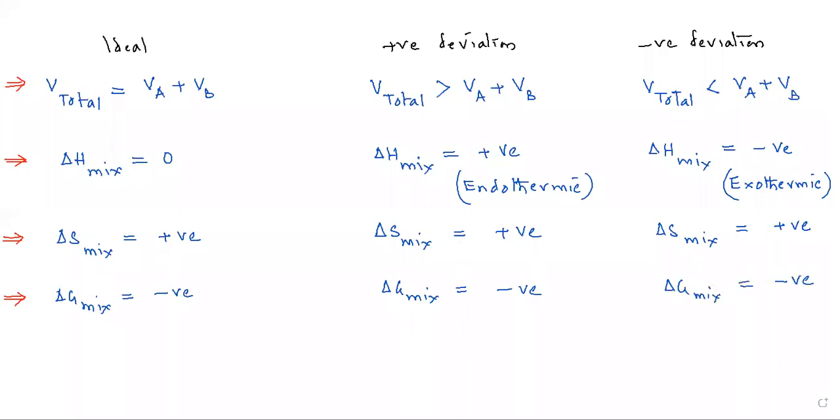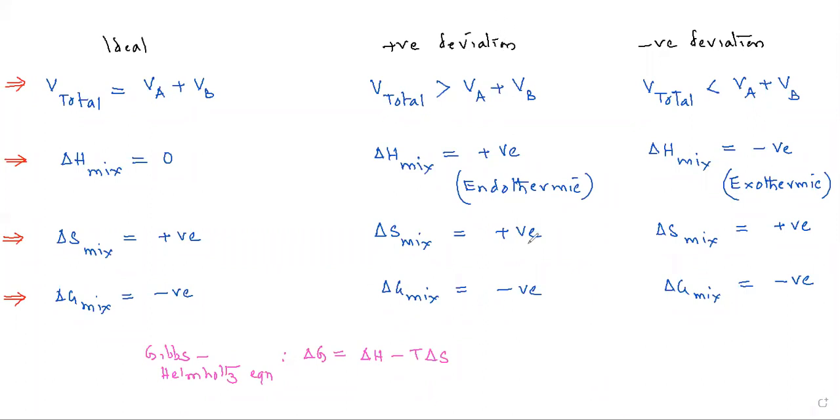You may be actually knowing this fact that there is a relation, Gibbs Helmholtz equation, which can be given as delta G is equal to delta H minus T delta S, right?